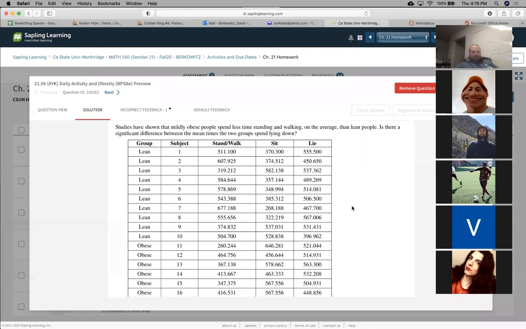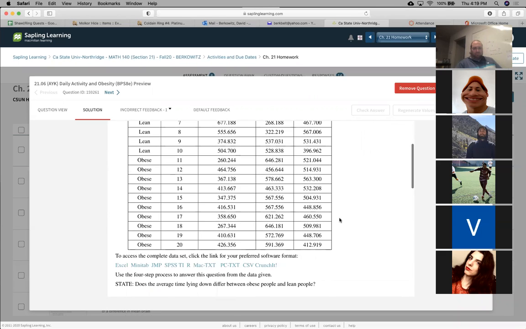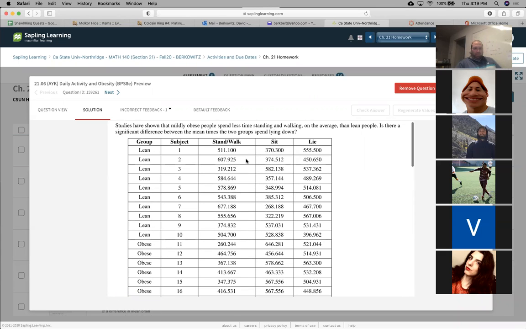Studies have shown that mildly obese people spend less time standing and walking on the average than lean people. Is there a significant difference between the mean times the two groups spend lying down? Group 1 are the first 10, the lean people, and then we have 10 more, the obese people. We have time spent standing, walking, sitting, and lying down.